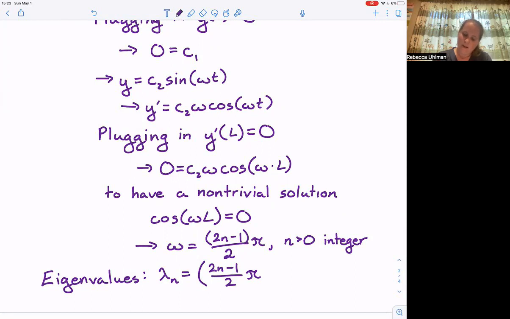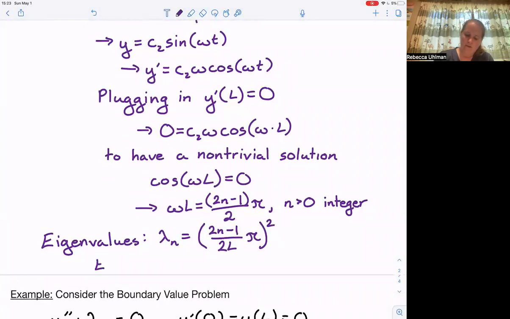Sorry, omega L would be equal to that. So omega would be that divided by L. So we'd get 2n minus 1 divided by 2L times pi, that whole thing squared.